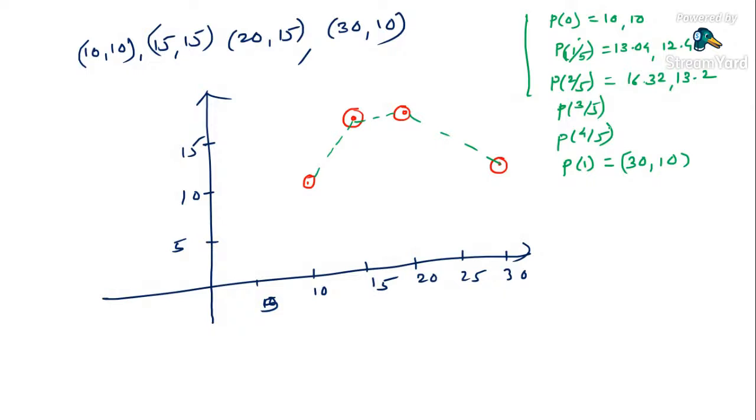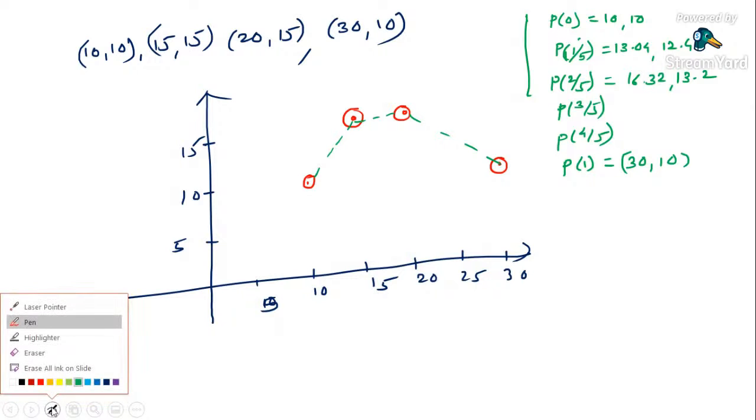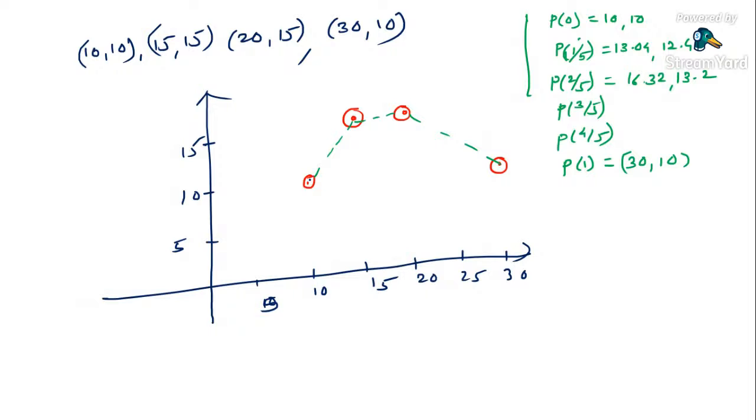Now how to plot it? Once you have all those values, you can draw the first value. This is the first value. Next 13.04, 12.4 will be somewhere here. So the next point will be here. Then 16.32, 13.6 somewhere here. Then you will get intermediate points somewhere here and somewhere here.